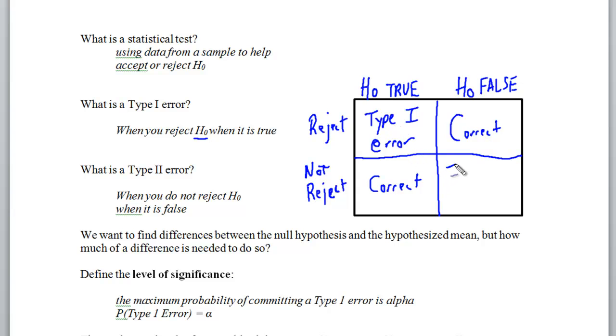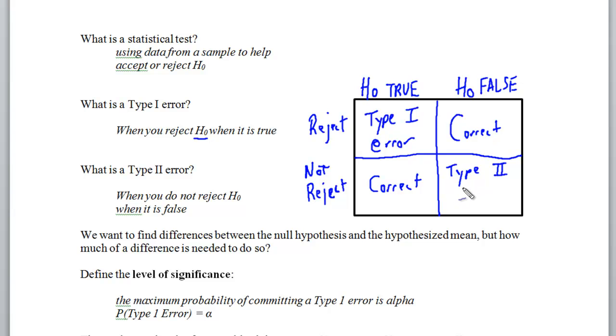What's tough to measure is this error. Let's say that was a false conjecture. Like I said, oh man, attendance doesn't change after spring break. Well, what if it did change significantly after spring break? Then I should reject it.